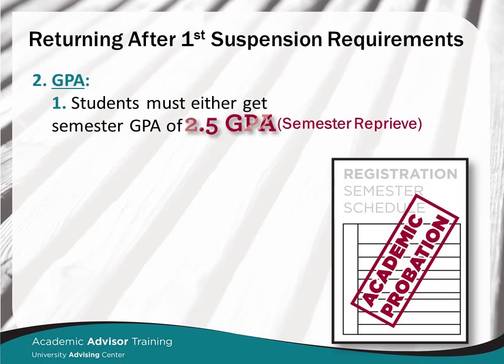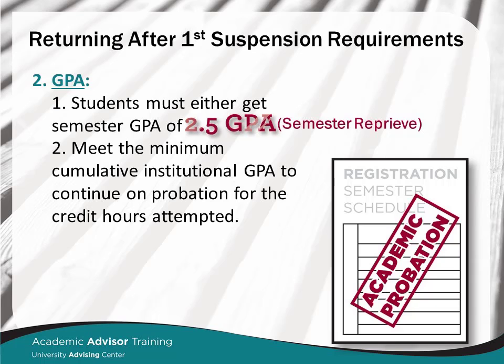And 2. GPA. Students must either 1. Get a semester GPA of 2.5 for semester reprieve, or 2. Meet the minimum cumulative institutional GPA to continue on probation for the credit hours attempted.